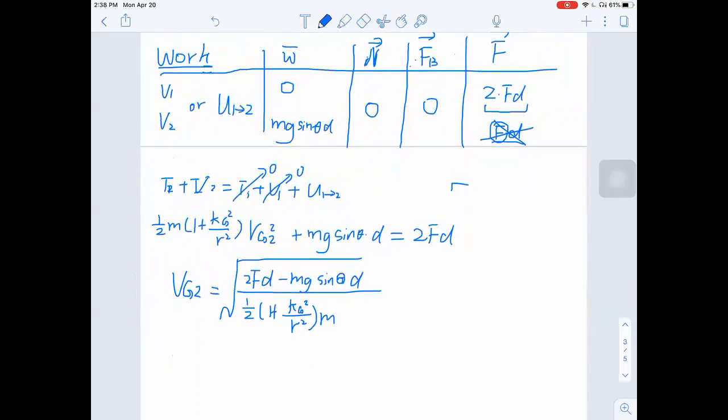So that's the expression for the velocity of G at position 2. Since in this problem mass is not given, and weight is given in pound force, m equals the pound force given there divided by g. And if you plug in all the numerical values, you should end up with VG2 equal to around 5.97 feet per second.